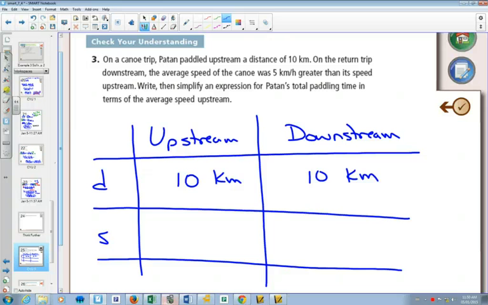Well, we know that going downstream was faster than upstream, but we don't know what the actual values are. So I can use x, or I can use s. What would you rather use, x or s? X. So if we're going upstream and our speed was x, downstream our speed will be 5 more.